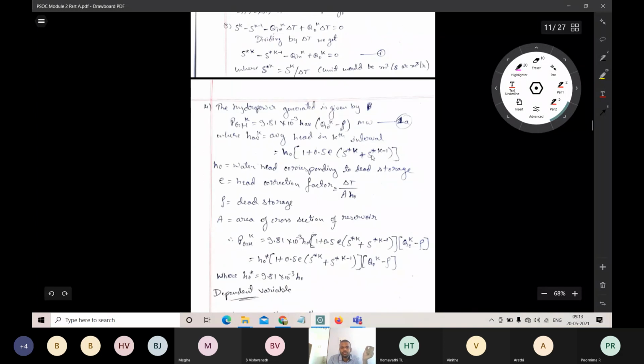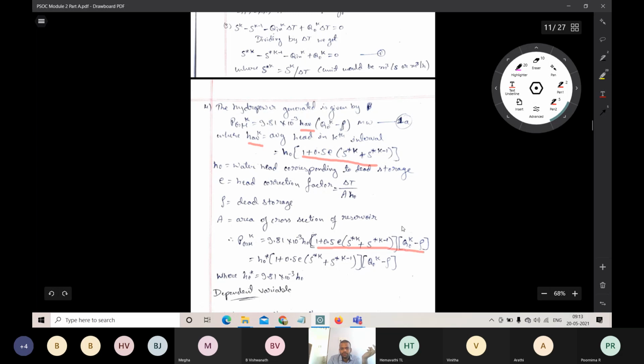So just substitute this HAV in the 1A equation. If we substitute this H naught HAV here, what do we get? 9.81 into 10 raised to minus 3 H naught, then the same thing, and Q naught K minus rho.